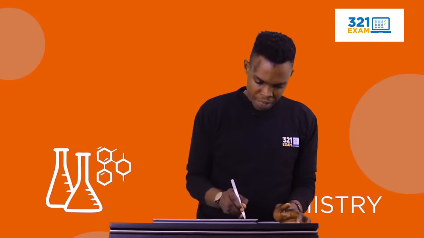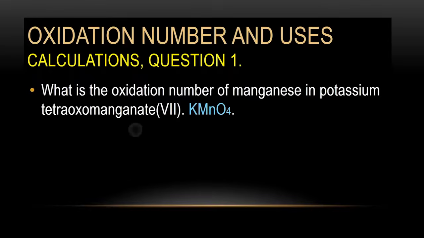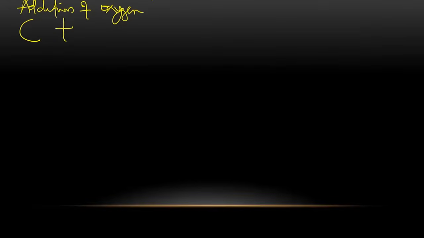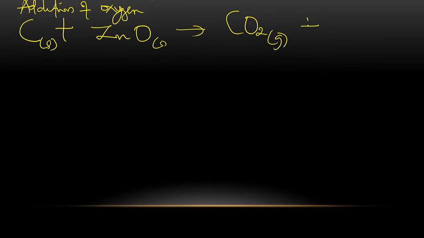If I give, for example, carbon, I'm talking about addition of oxygen. Let me write it out. Addition of oxygen. If I give carbon reacting with zinc oxide, I'm going to have carbon(IV) oxide gas plus zinc.